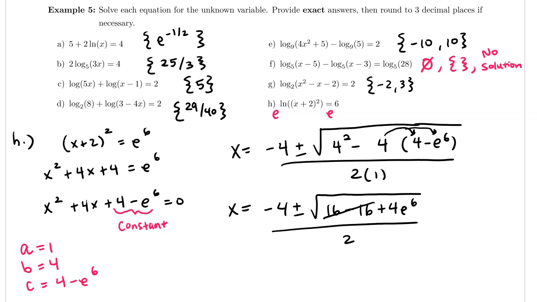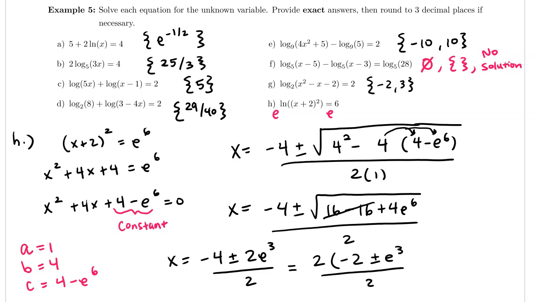And then we can take the square root of 4, that's 2, and then the square root of e to the 6 is e cubed. So we get x equals negative 4 plus or minus 2e cubed over 2. And we could factor out a 2 from the numerator. These 2's will cancel out. And so finally we get that our answers are negative 2 plus or minus e cubed.